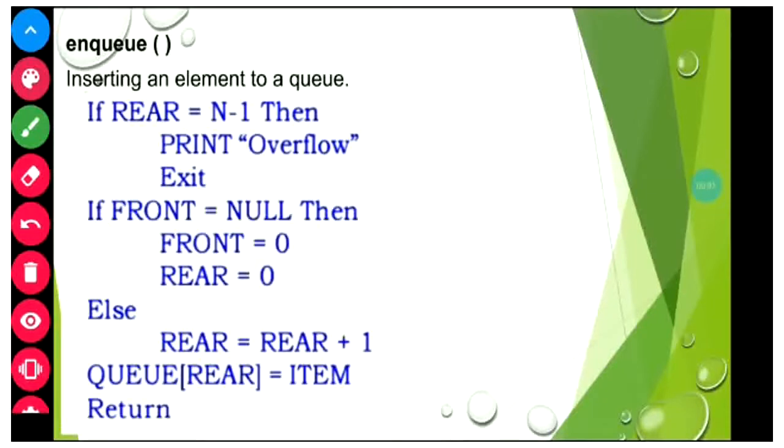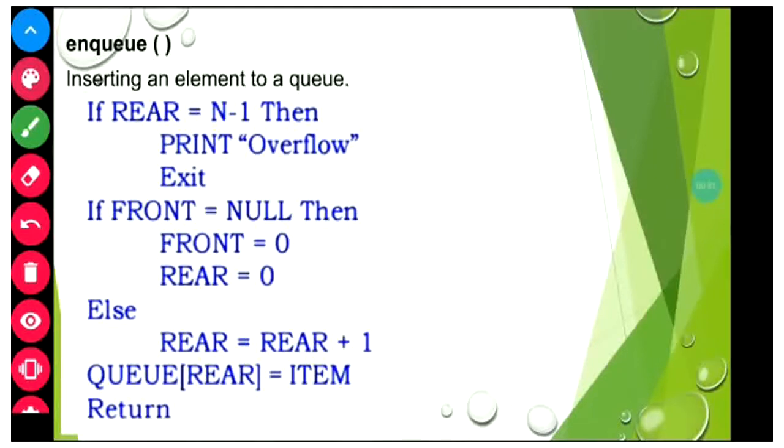See the algorithm. First we need to check queue full condition, that is queue overflow condition. If rear is equal to n-1, that is maximum size -1, then it represents that queue is full. Otherwise there are two possibilities. Either the queue is empty or queue contains some elements.